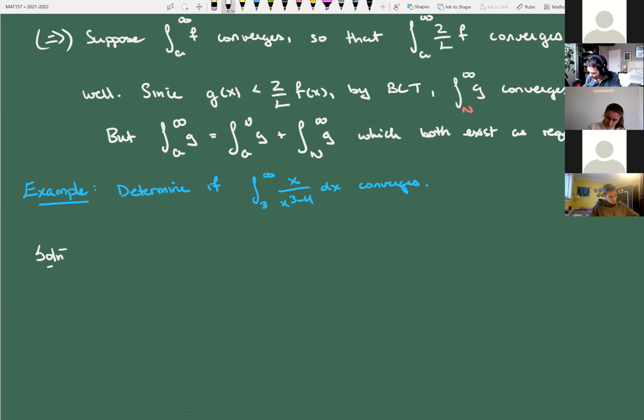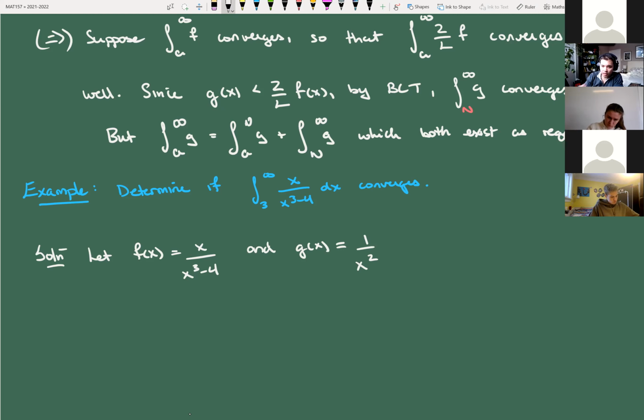So solution, let's say let f of x be the thing that we're trying to integrate. And this is often the trickiest part of this sort of procedure, trying to figure out what to compare it to. In some cases like this, it's fairly obvious, but in other cases, what you often want to do is say, what are the things that are dominating in the limit as you go to infinity?